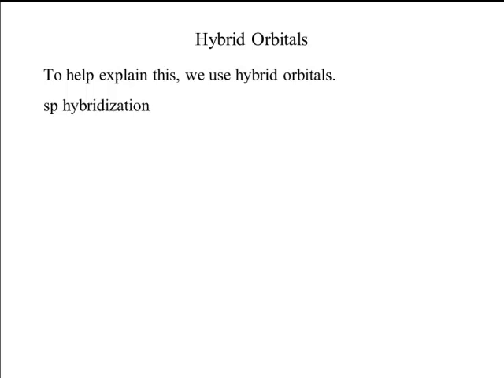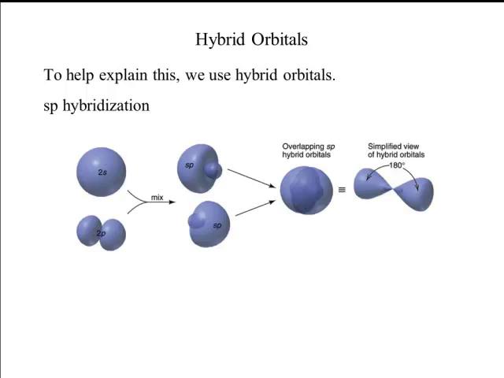If I take a 2s and a 2p orbital and mix them together, I get two sp hybrid orbitals. For every one atomic orbital I put in, I get one hybrid orbital out. So those sp orbitals are two different orbitals. When we overlap them, it comes out looking like they have those two lobes. That's going to help us explain some of these geometries we see.